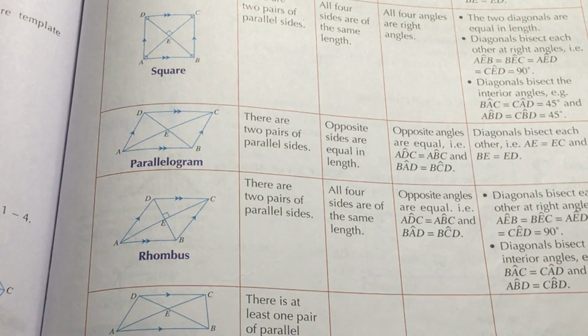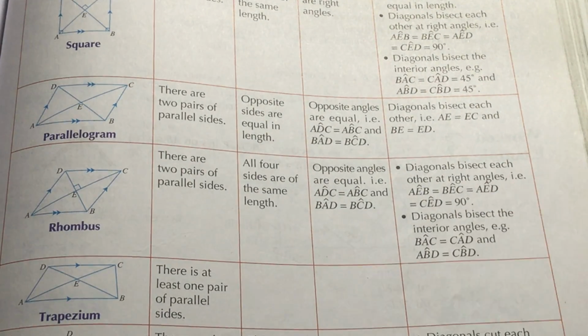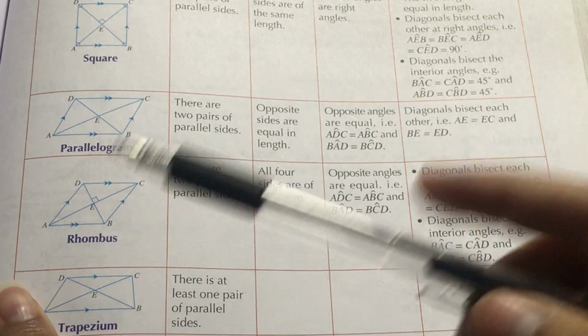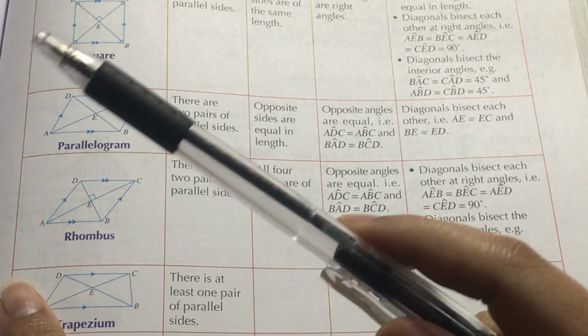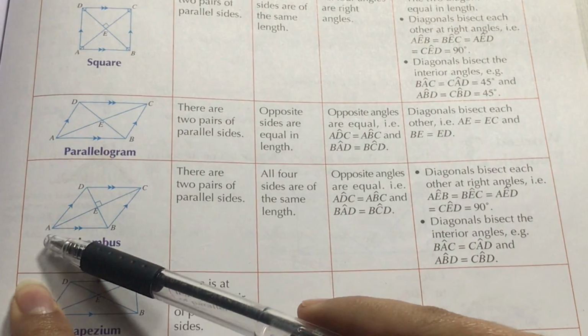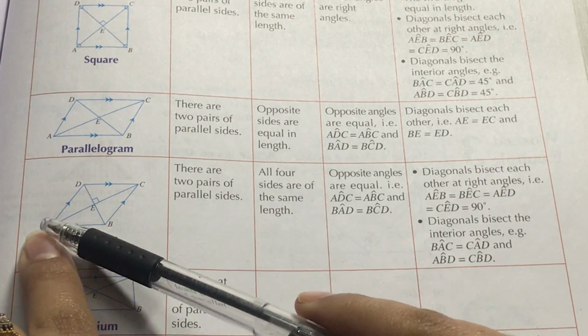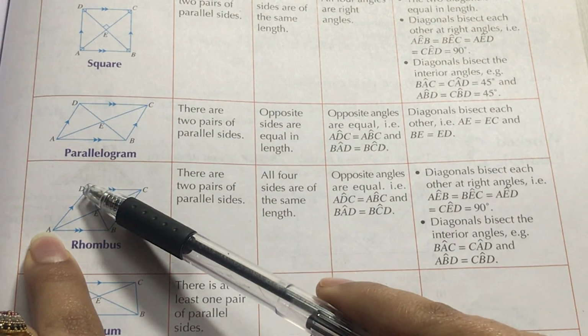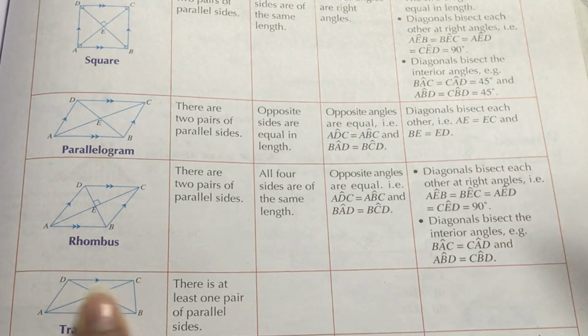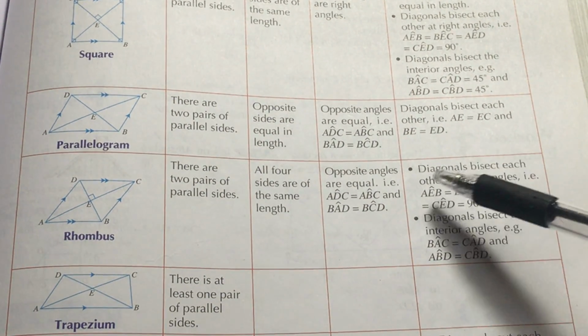The next property is about the diagonals. As we have discussed earlier, a diagonal is a line segment that joins your opposite vertices, right? So one diagonal is AC and the other diagonal is BD. Now let's see the property of the diagonals.